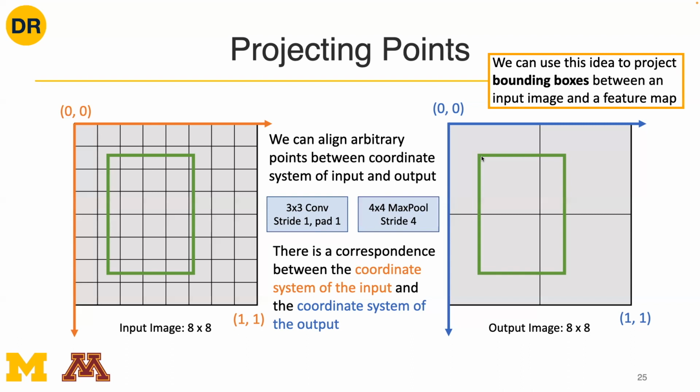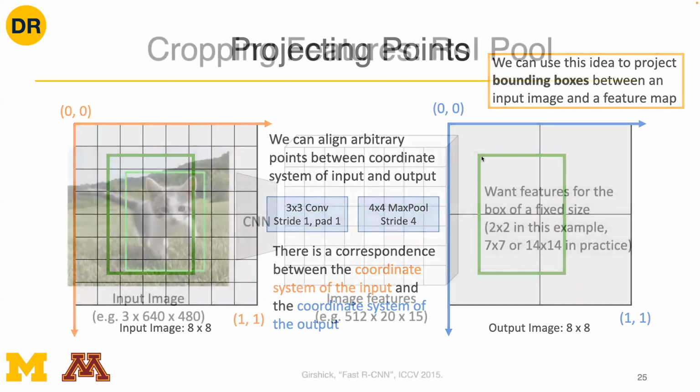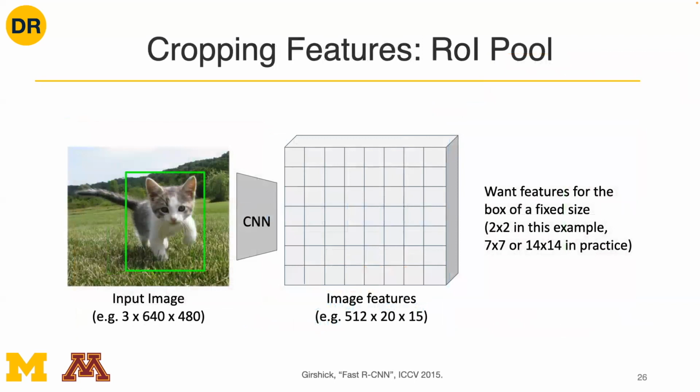Okay. So let's say that we can project these points using our knowledge of the specific layers and the hyperparameters that went into the layers within our architecture. Let's then think about how we can use this to set up our canonical sized input to the final classification and regression heads, which we want.